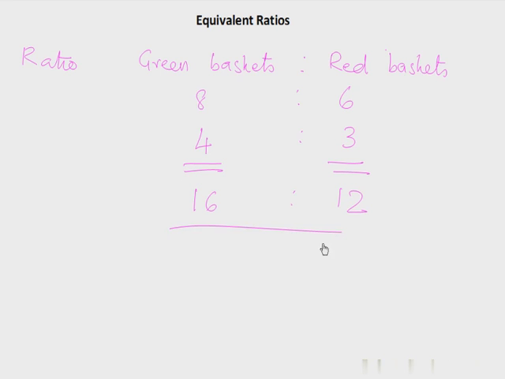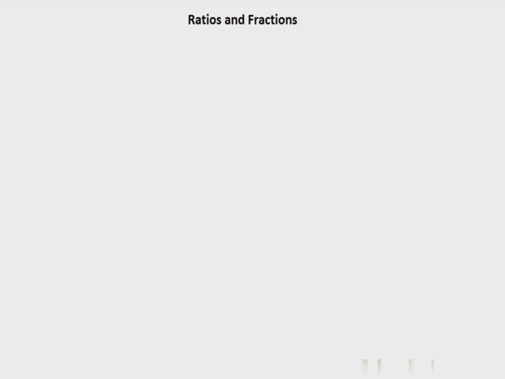So what's important in the statement 8:6 or 4:3 or 16:12? They are not giving the actual number of baskets there are. They are simply comparing the number of green baskets to the number of red baskets. So ratios do not give actual numbers, they compare numbers. A useful way to understand ratios is to write them as fractions.